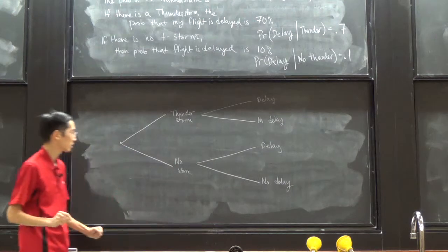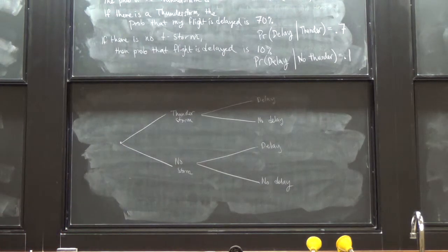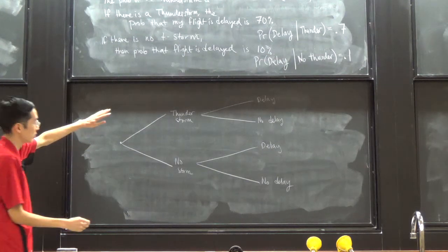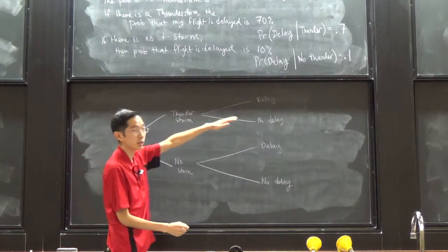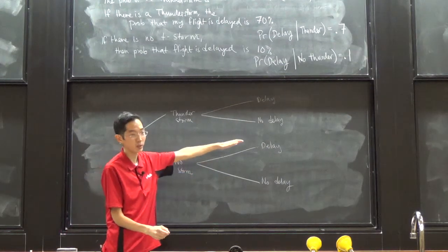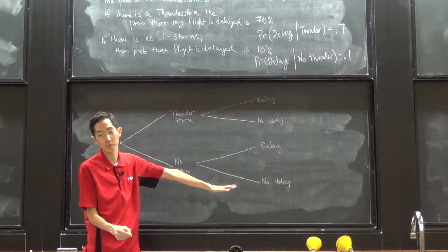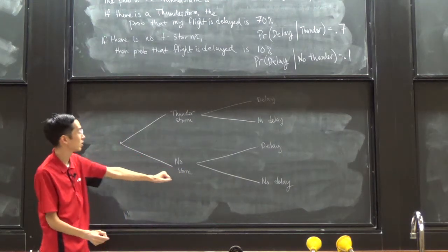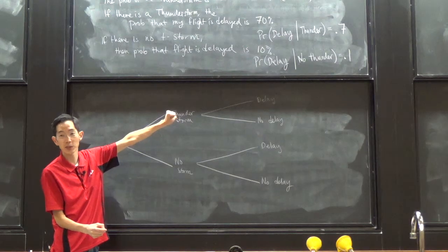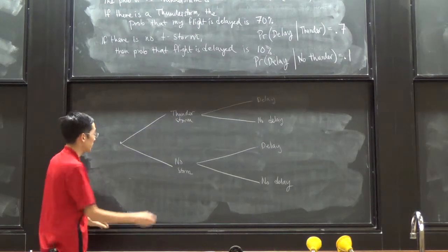Alright. So when the day starts out, there could either be a thunderstorm or there might not be one. And if there is a thunderstorm, your flight might be delayed, or it might not be. And then if there's no storm, it might be delayed, and it might not be. What did we say the probability of a thunderstorm was? 0.3, okay?